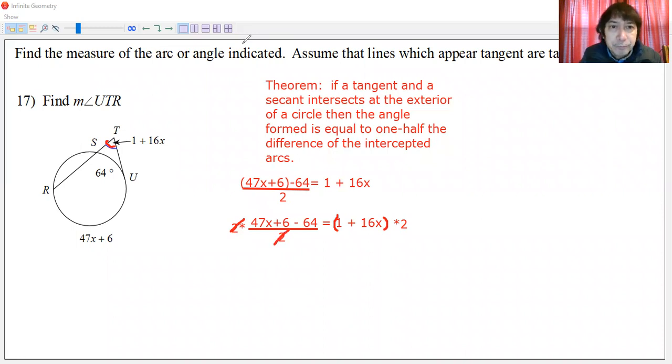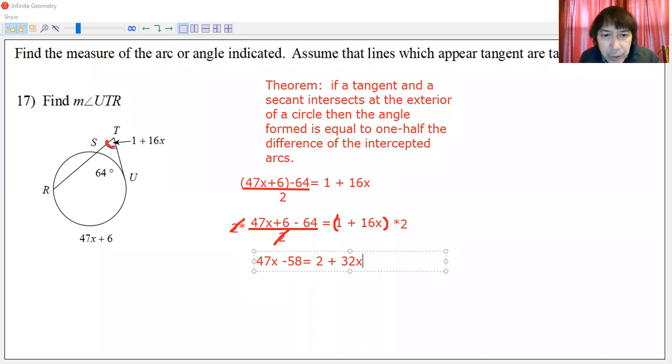All right, so next line we have 47x. The 6 minus 64 is a minus 58, like that. And so the right side to be multiplied by 2, we have 2 times 1, and 2 times 16, that's 32x. There. All right, we have a simpler equation. Solve for x.